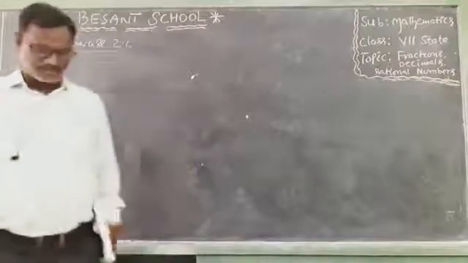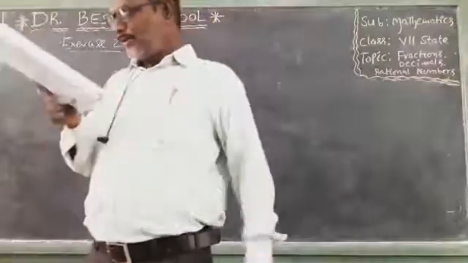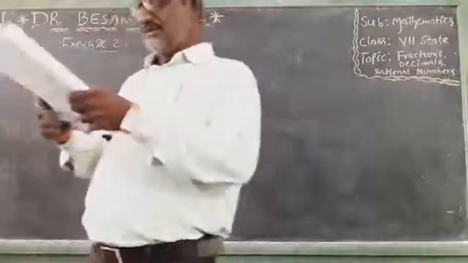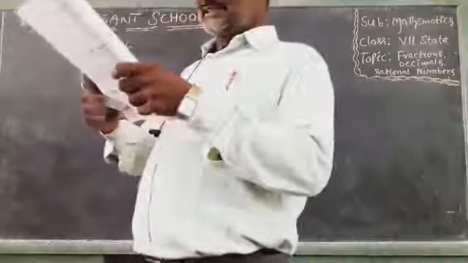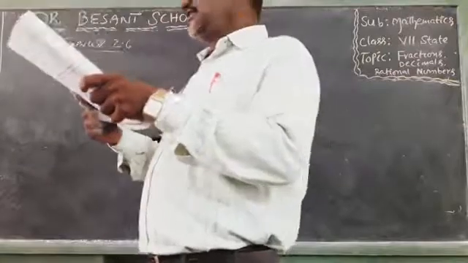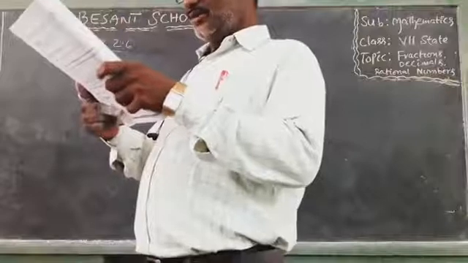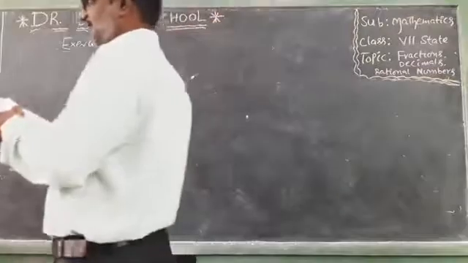Once you see the textbook, verify. Question number 8. A rainfall of 0.896 centimeters was recorded in 7 hours. What was the average amount of rainfall per hour?